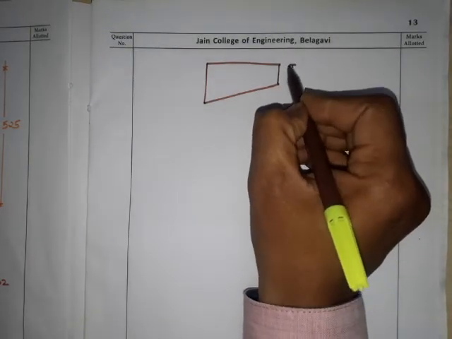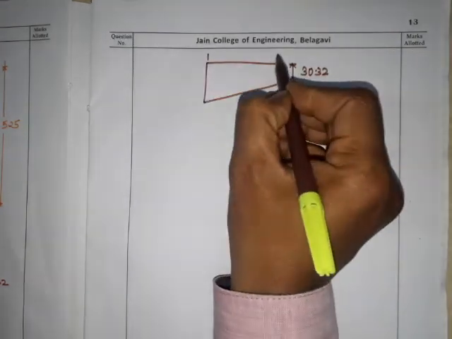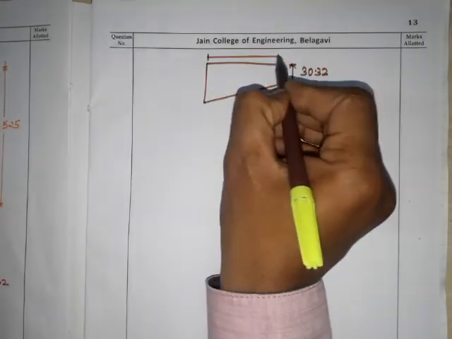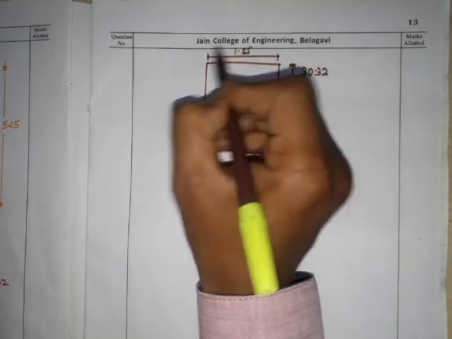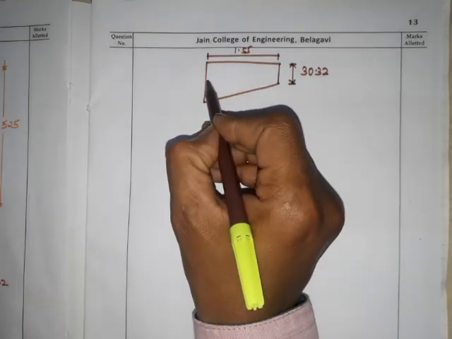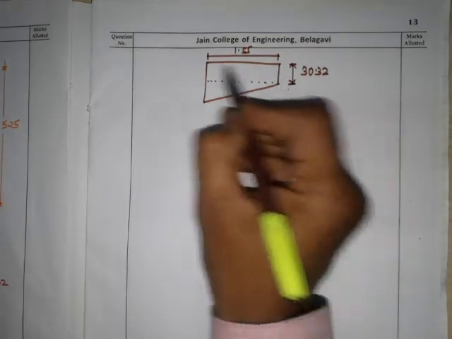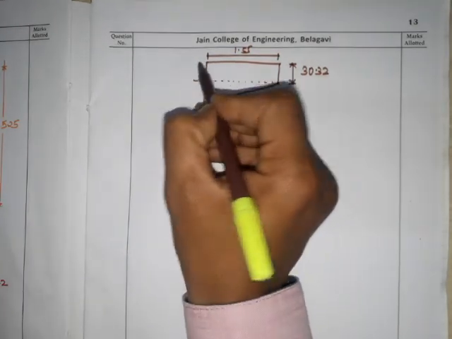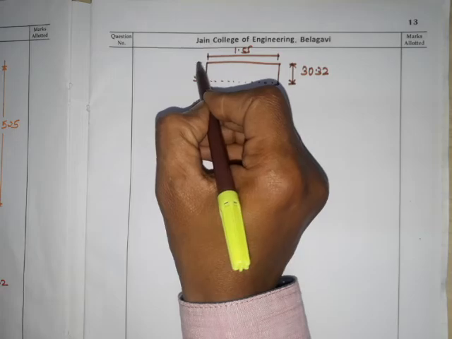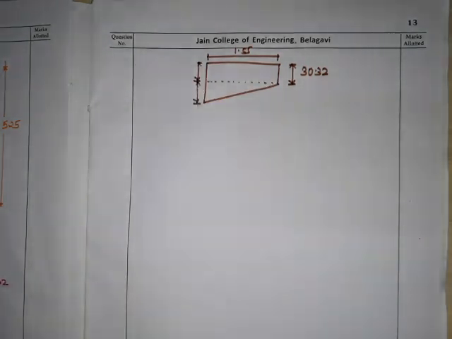So this way I got 30.32 and this is 1.55. I have considered only the part of the heel slab. If I draw it here like this, this should be equal to this, correct? Now I have to find out this.